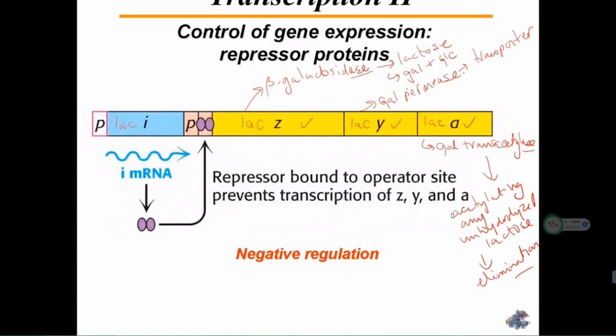Okay, so we talked about the promoter region over here on the operon, but we also mentioned that there's an operator region. And in this operator region is where we are going to have repressor binding. So the protein that actually binds the operator region is a repressor. And the repressor is synthesized, as I mentioned, from the lac-I gene, which is found upstream of the lac operon under the control of its own promoter.